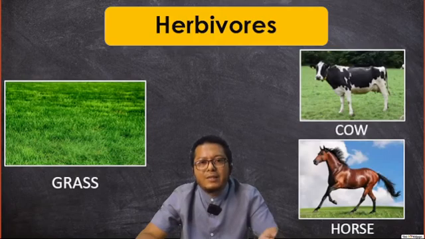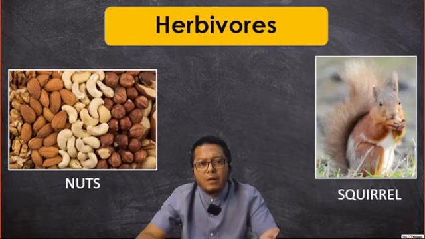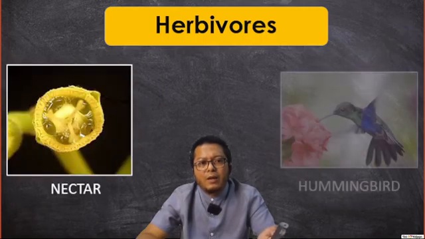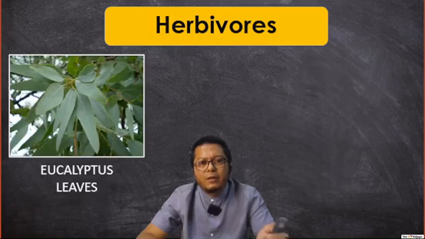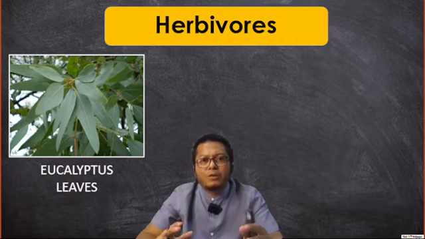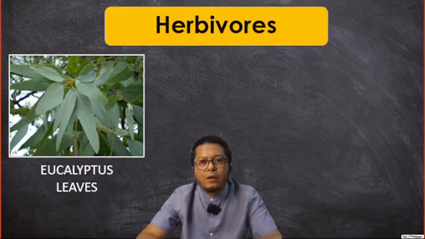They eat plants, grass, wood, bamboo leaves, nuts, acacia leaves, nectar, and eucalyptus leaf. They eat plants, or they eat parts of the plants only. They don't eat other things except plants or parts of the plants. So they are called herbivores.